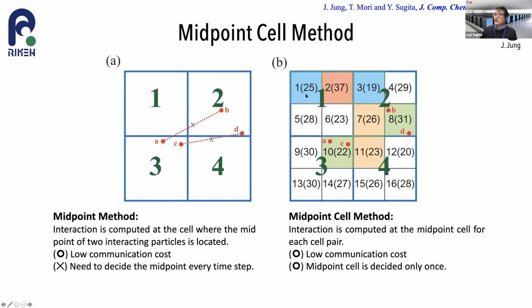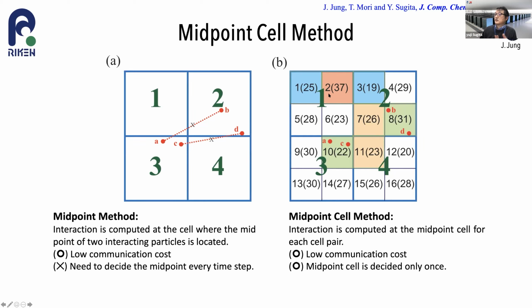But in our case, we developed several versions of this midpoint method. We introduce the concept of a cell inside of the domain, so now the division is more hierarchical. The advantage of this method is the midpoint cell can be decided only once, just before the simulation, after you determine the division of the space, because space is space, so it does not change during the MD calculation.